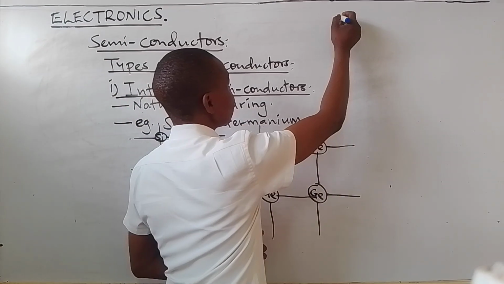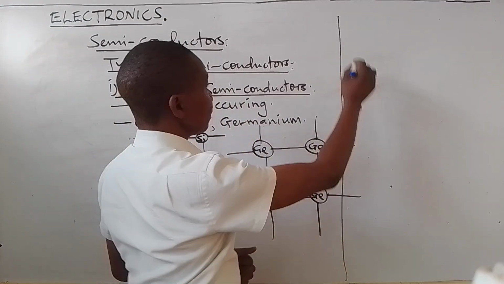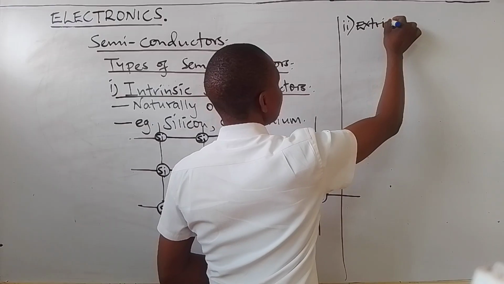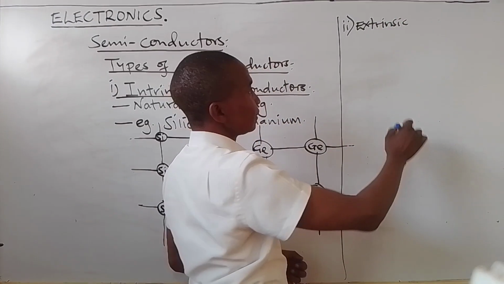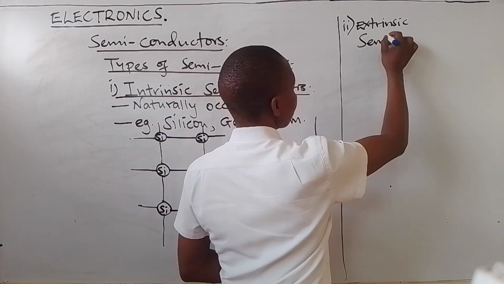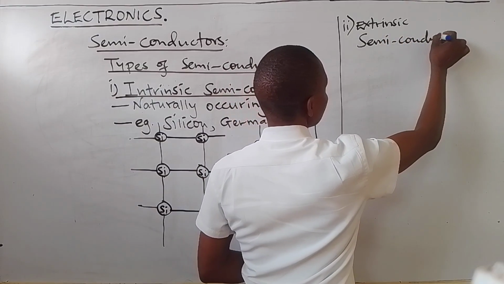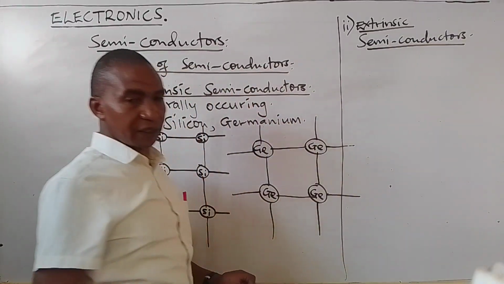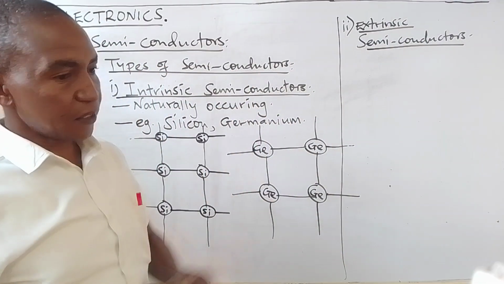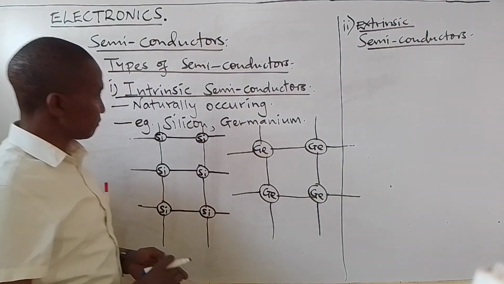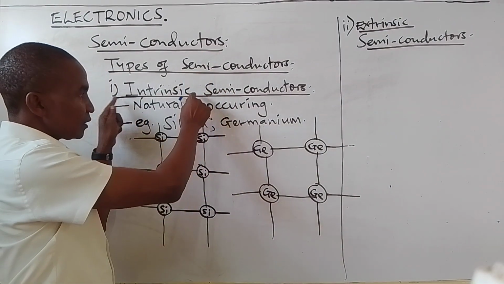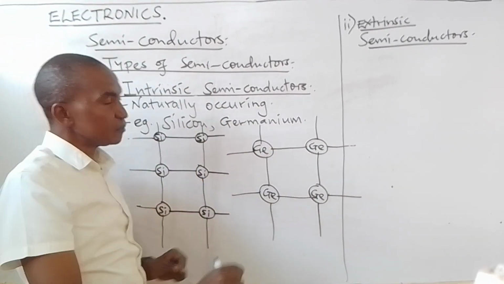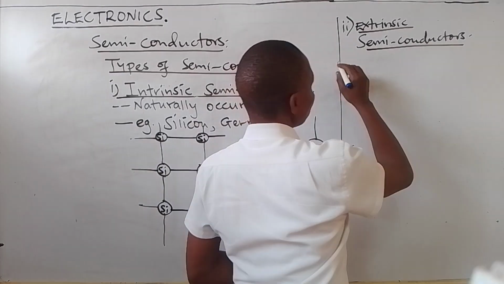Then the next type of semiconductors is extrinsic semiconductors. These extrinsic semiconductors are still intrinsic semiconductors to which an impurity atom is added.